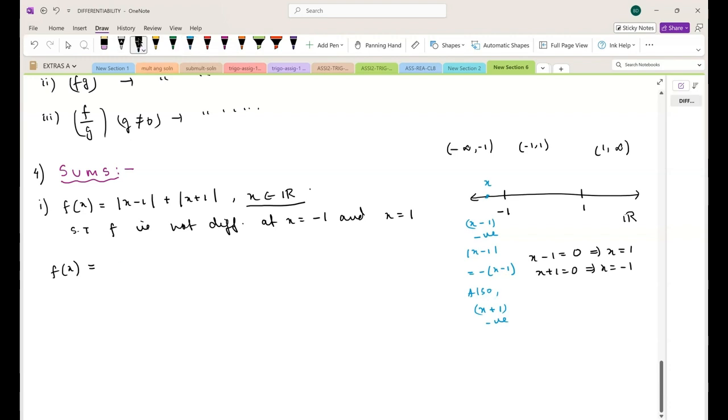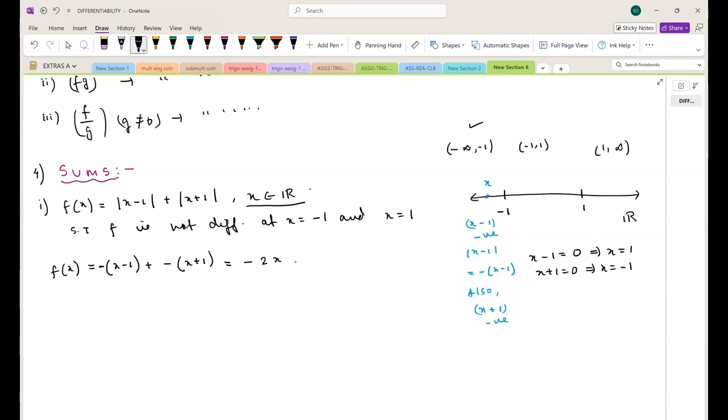So ultimately when I redefine the function, for the first interval, it is −(x − 1) plus −(x + 1), that is −x + 1 − x − 1, so that is −2x.